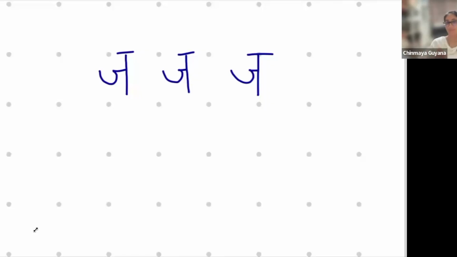Jha. Okay, so this is how you write jha. You know both components of this jha already. It should be very easy to write. It looks like a I with a line across and a line down.